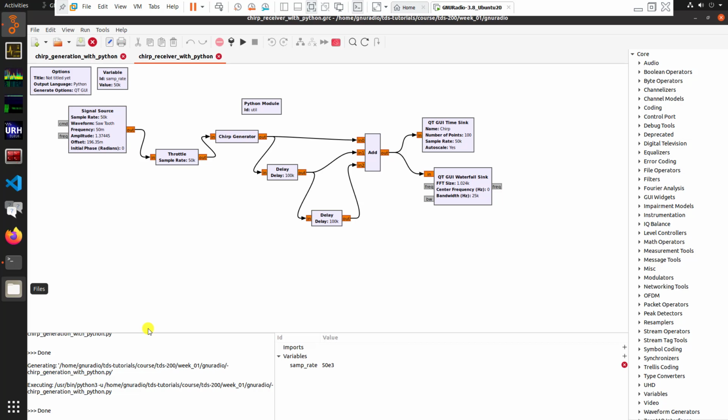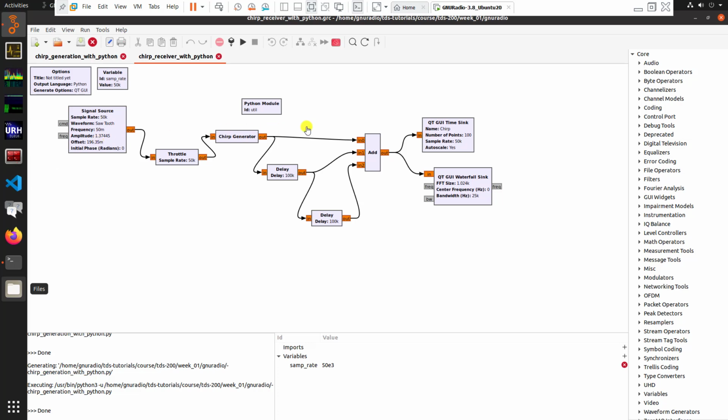Here we're going to demonstrate receiving the chirp waveform, and this is similar to the block diagram. We have similar blocks to when we generated the chirp waveform, but then we're going to add in a couple blocks to simulate two objects at different depths.